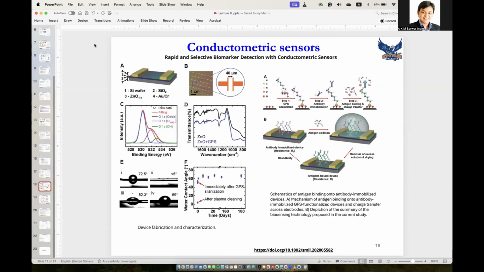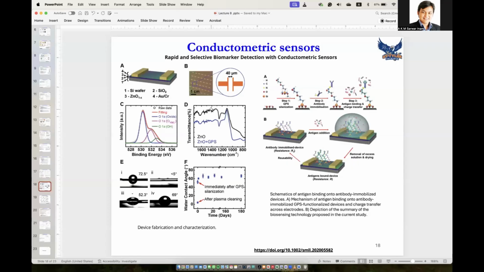And let's go to another conductometric sensor, which is the rapid and selective biomarker detection with conductometric sensor. Here it is just showing what is happening. They are measuring the biomarker. There are two biomarkers they are basically measuring here.